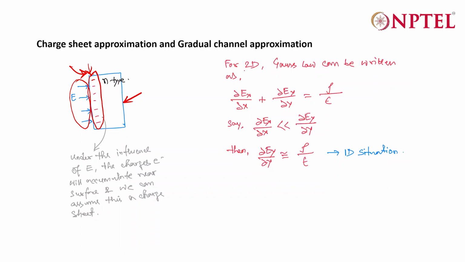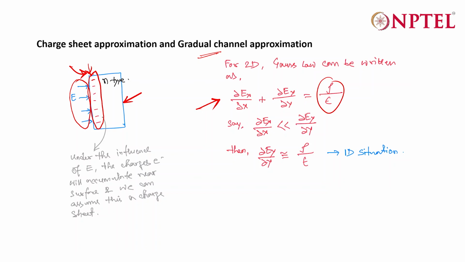And if you look into the gradual channel approximation, this particular approximation helps us to reduce a two-dimensional situation into a one-dimensional situation. For example, if you consider a two-dimensional situation for Gauss law, then you can write del Ex by del X plus del Ey by del Y is equal to rho by epsilon.